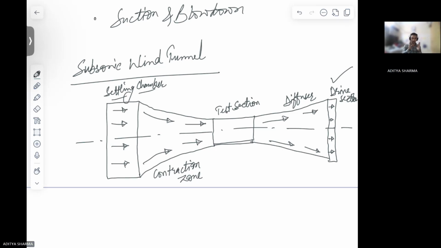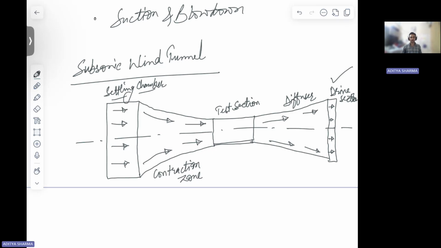Also, we want the flow to be well channeled, so we want the turbulence to be minimum. So in the settling chamber, basically we use honeycomb structures, so that your flow straightens and your turbulence reduces.